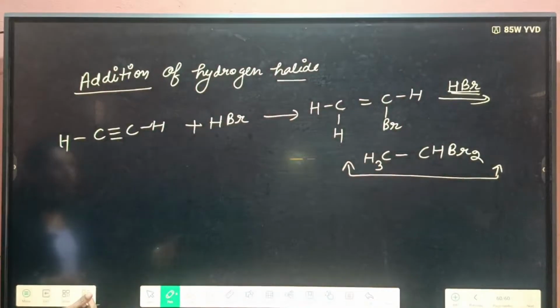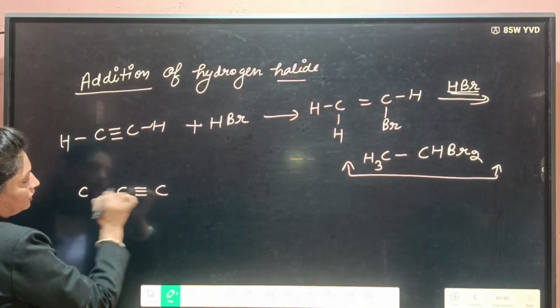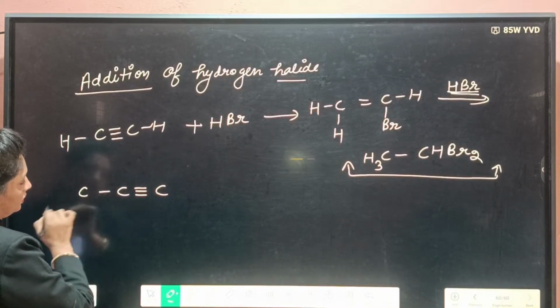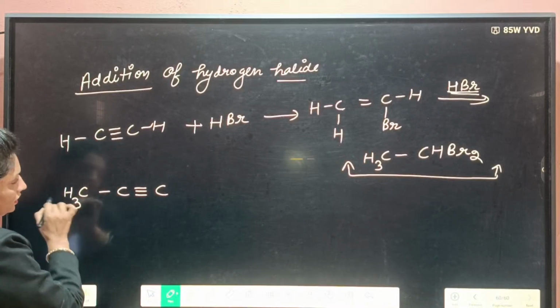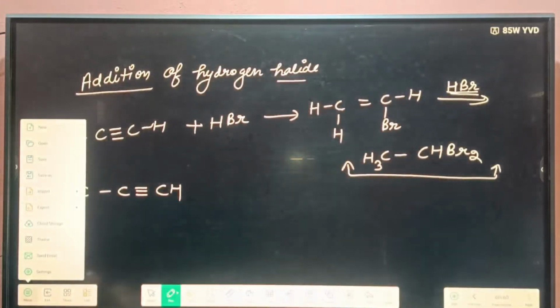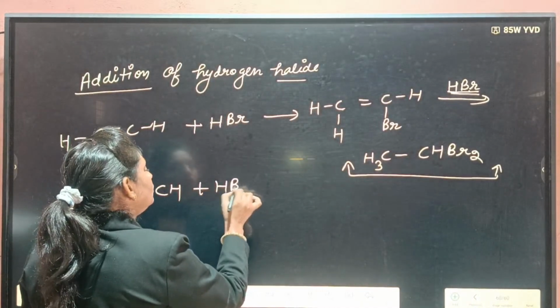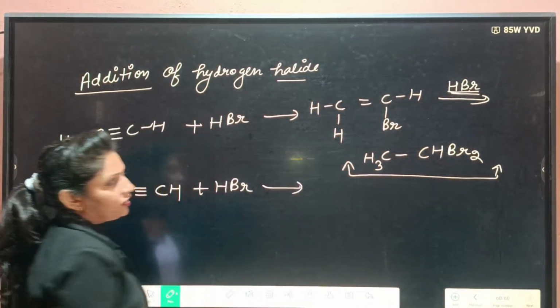If you have propyne like this, 1, 2, 3, CH3, CH, in the same way you follow Markovnikov's rule.